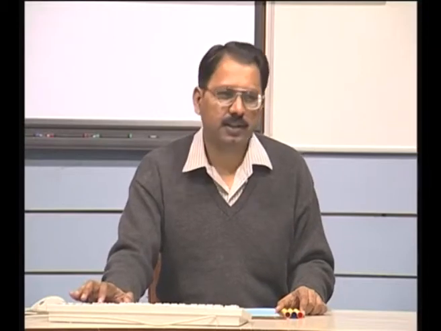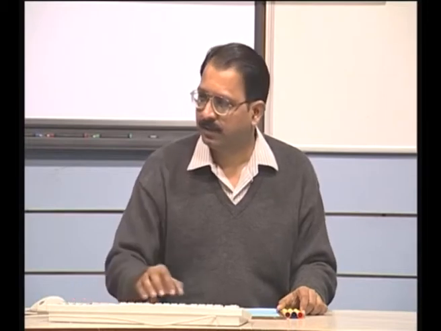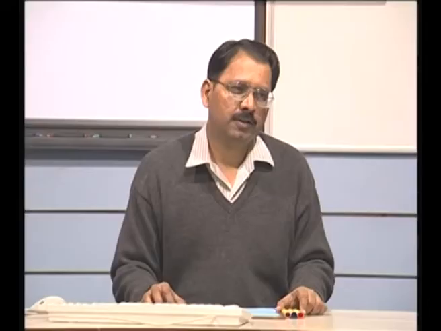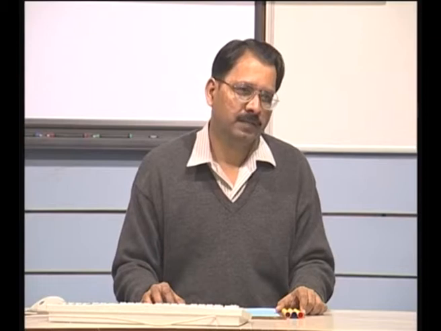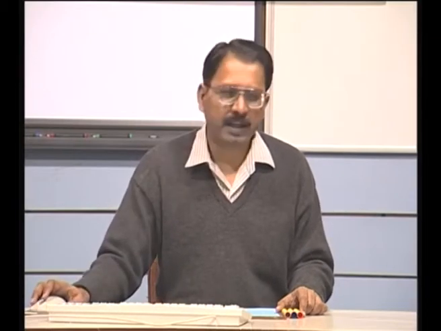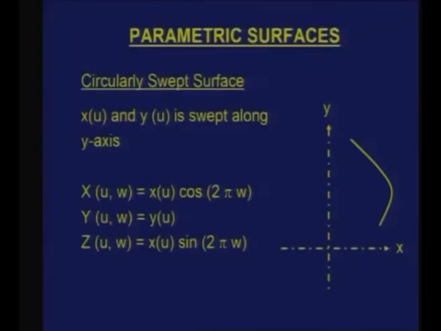So, this is a definition of a plane surface, the simplest of the linearly swept surfaces. A circularly swept surface can also be defined by sweeping, let us say, a generatrix curve along a circle. There can be many combinations of this. I can choose that the curve is swept along one of the known axes x, y or z, which is simpler to represent.